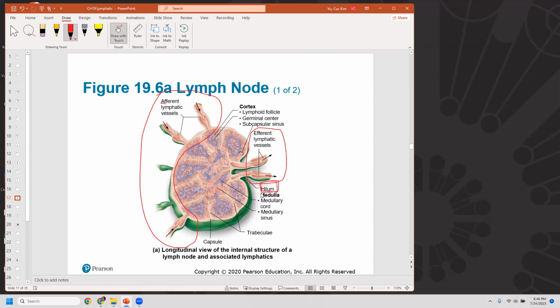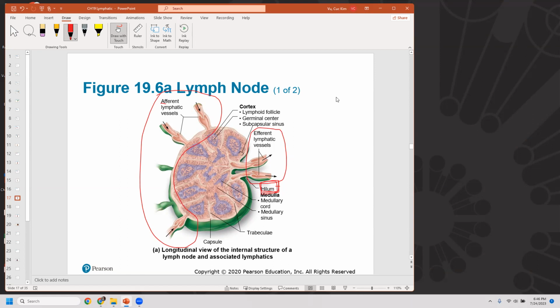You see this term all the time. Maybe you may not have gotten it in the first half. So the hilum is this space right here. It's not an actual structure, but it's a space that things exit. Okay.